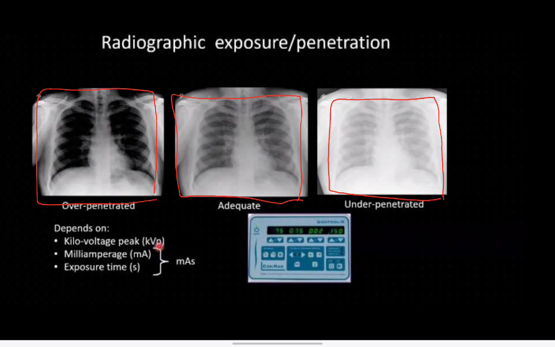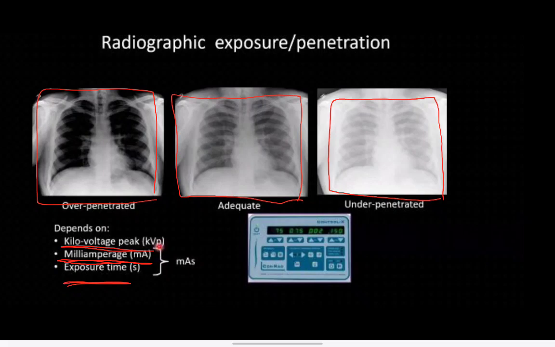There are multiple parameters that specify that: the kV means the energy set in the chest X-ray tube. kV, which is kilovoltage, means like electricity. The milliampere or the potential difference, all of them are factors of the chest X-ray tube.